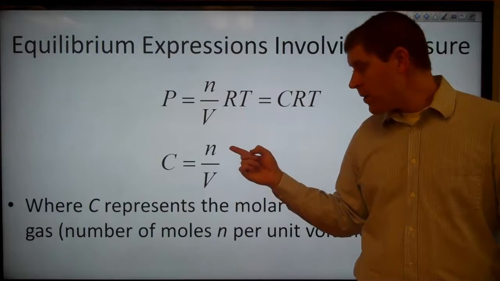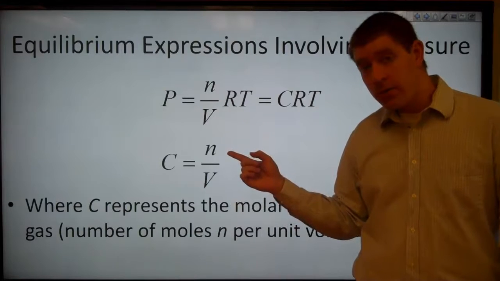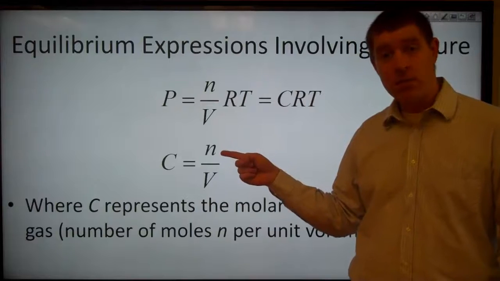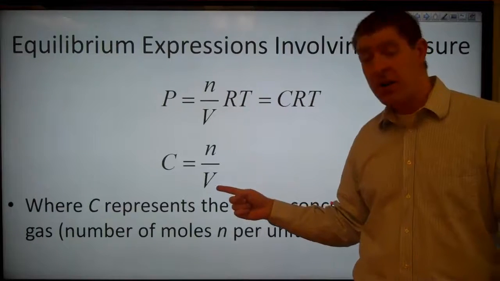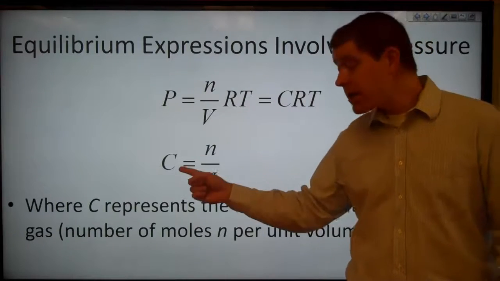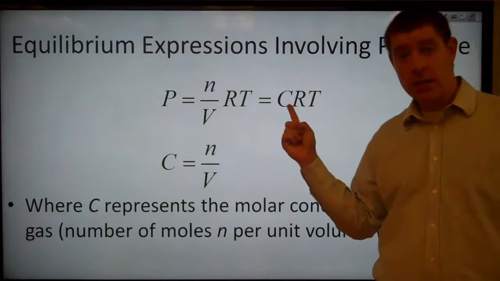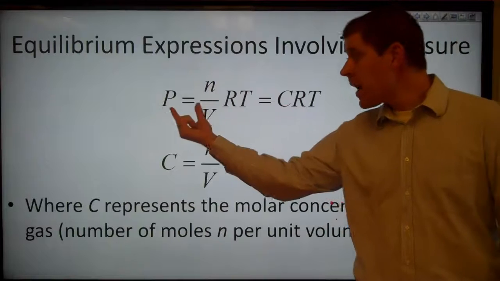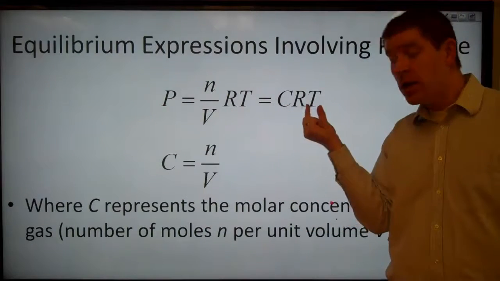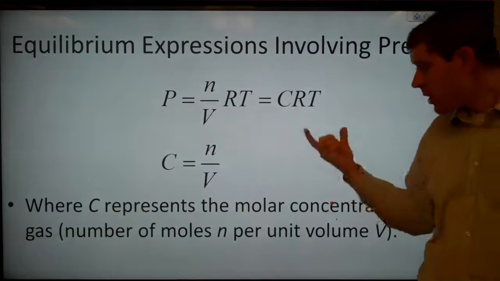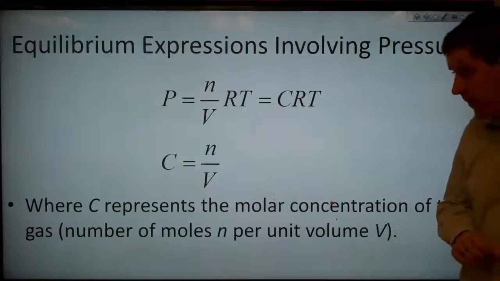So if we are looking at moles per liter, that's n, number of moles, divided by a volume, liters. So that's a concentration. This quantity, n over V, can be replaced by C, the concentration. And that means that now we have pressure is equal to CRT, where C is the molar concentration.